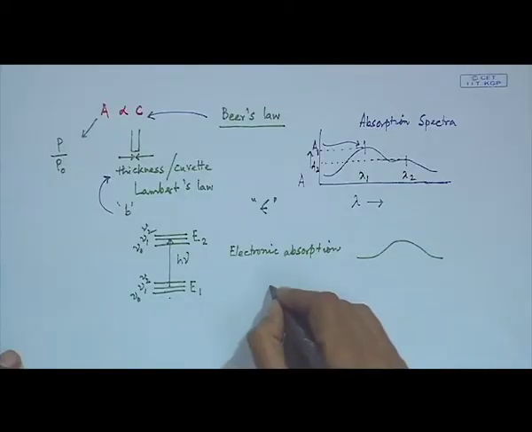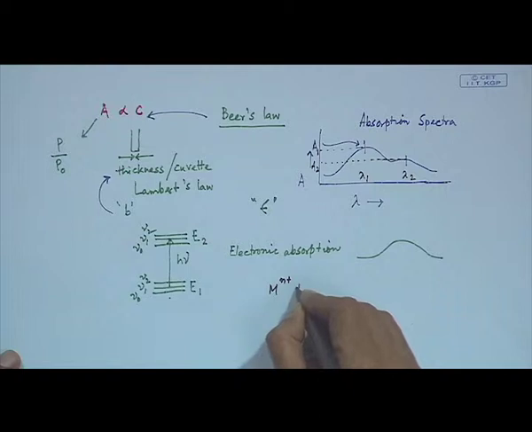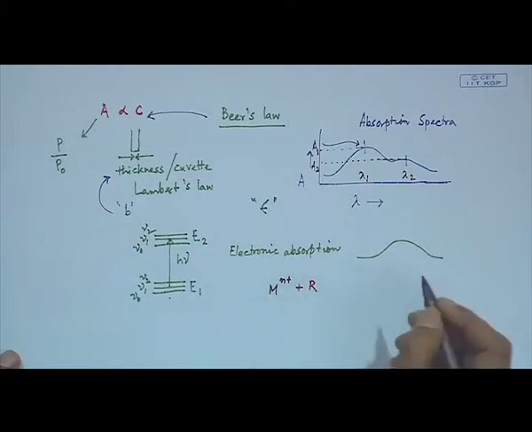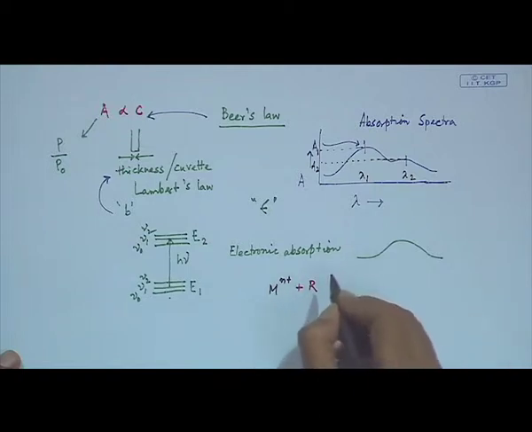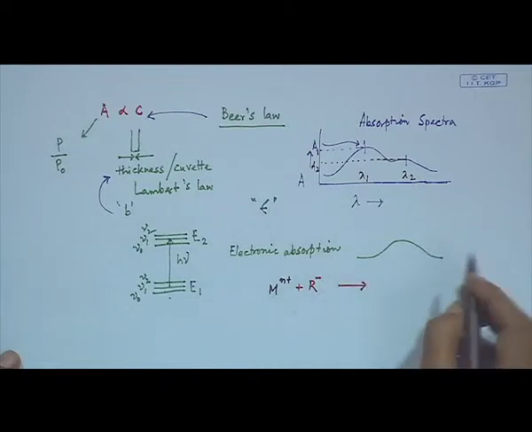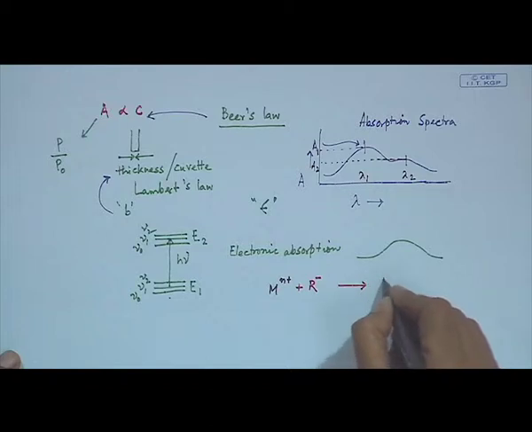So, if we have a metal ion, say, which we will consider as Mn+, and this Mn+ is reacting with a reagent, the reagent can be neutral or anionic. So, it will be combining with your reagent.